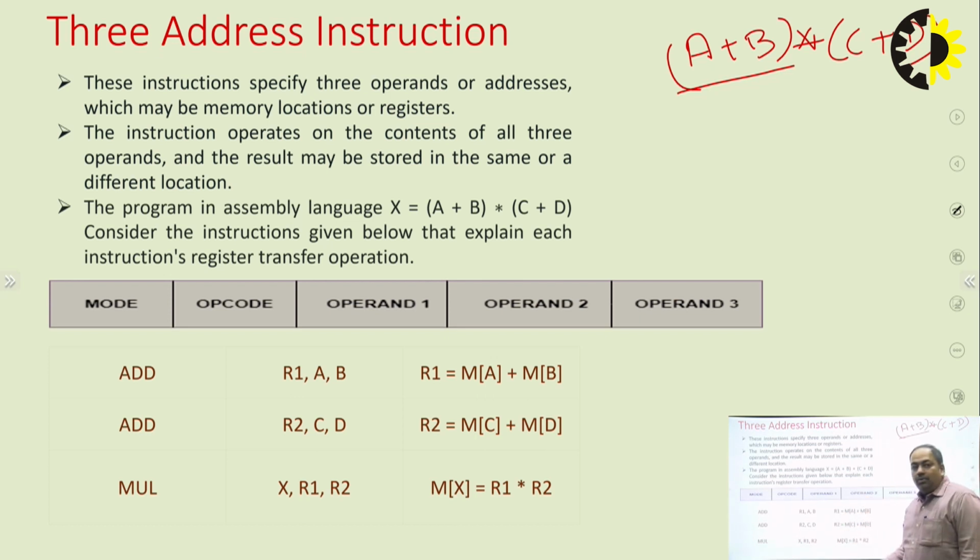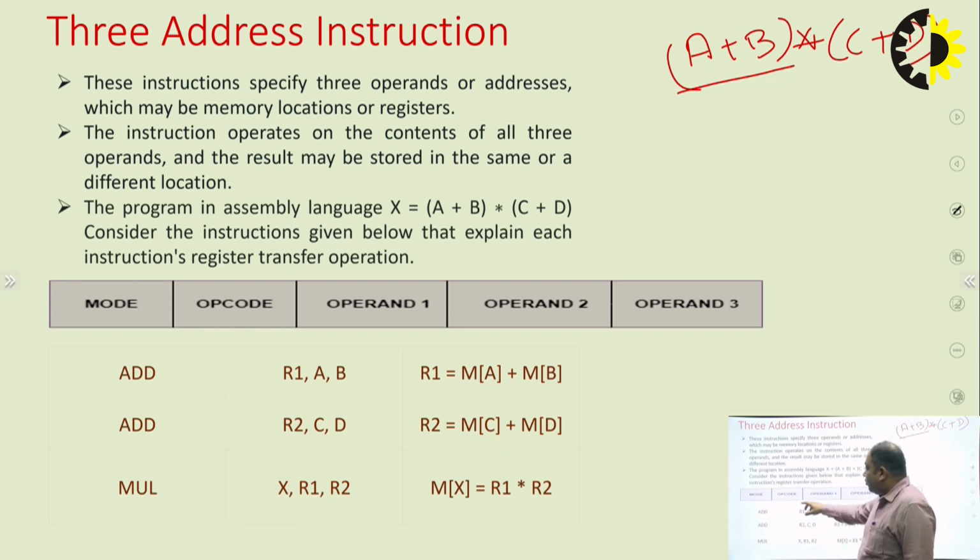These R1 and R2 represent our registers, and M represents our memory. So the address of A and B, or the data of A and B, is stored in R1. The data or the address of C and D is stored in R2.